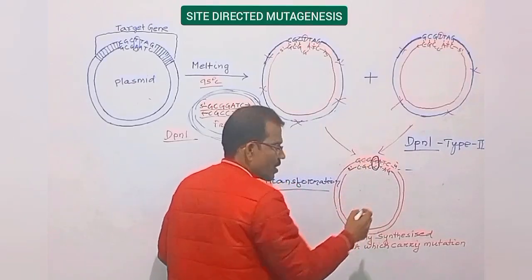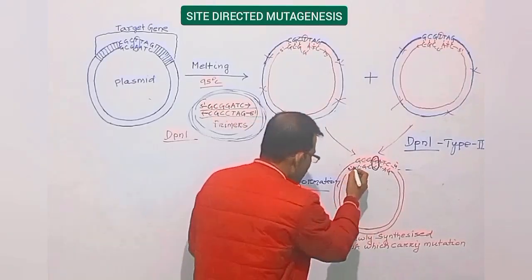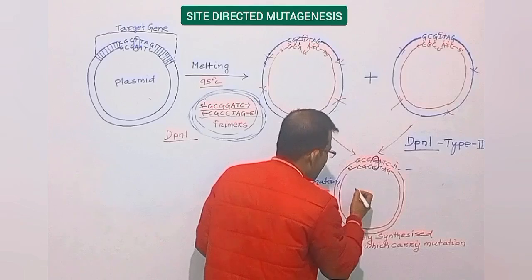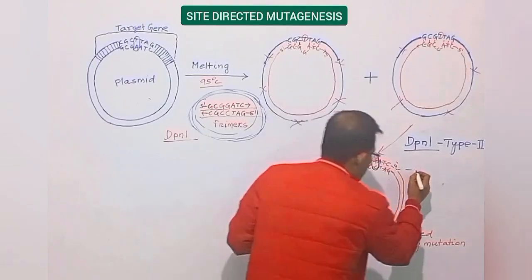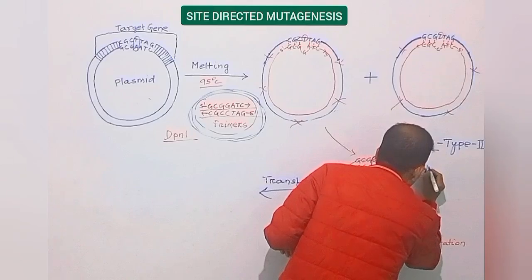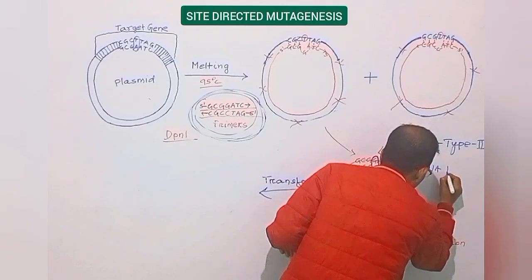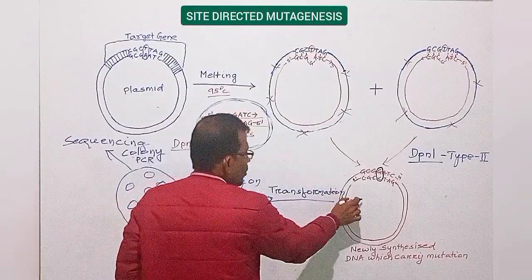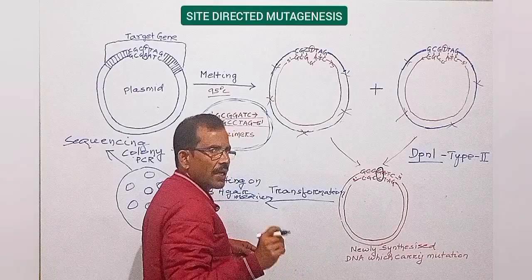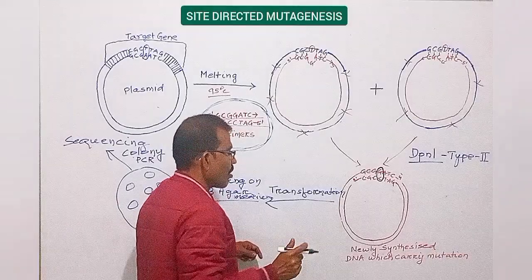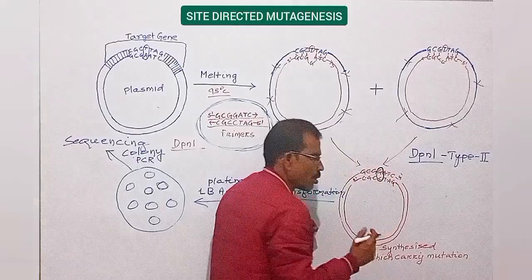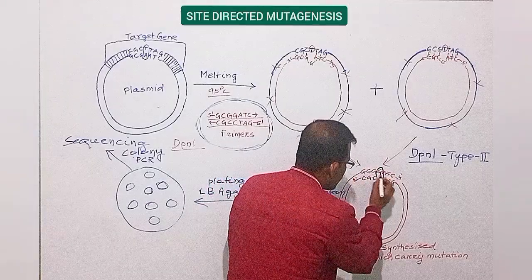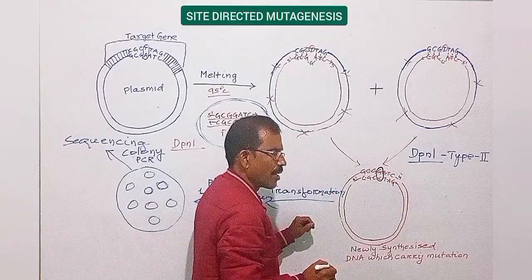In this figure, you can notice that each strand of DNA has a single nick. These nicks can be sealed by the enzyme DNA ligase. Comparing these two DNA molecules clearly indicates the presence of a single nucleotide pair substitution mutation in the newly synthesized DNA.